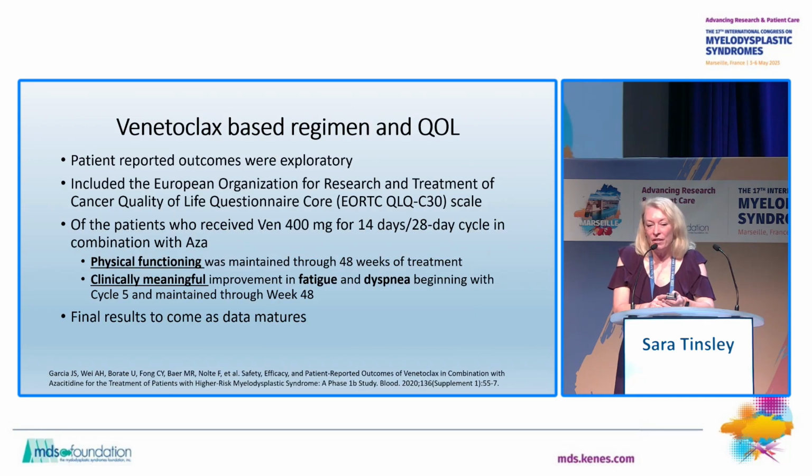And then for the venetoclax-based regimen with quality of life, it was exploratory, they used the EORTC QLQ-C30, and of the patients who received the ven, 400 milligrams, 14 days of a 28-day cycle in combination with AZA, they did find that physical functioning was maintained through 48 weeks of treatment, and there was clinically meaningful improvement in fatigue and dyspnea beginning with cycle 5 and maintained through week 48.